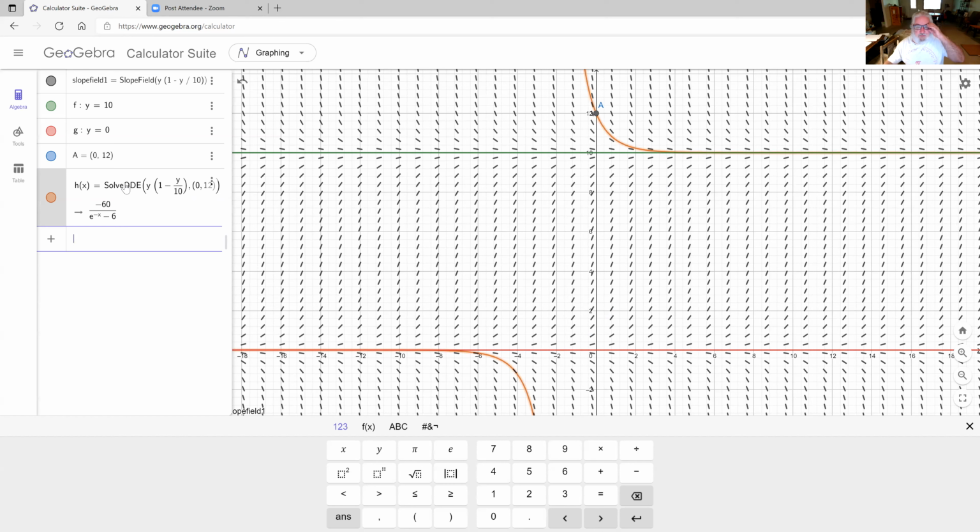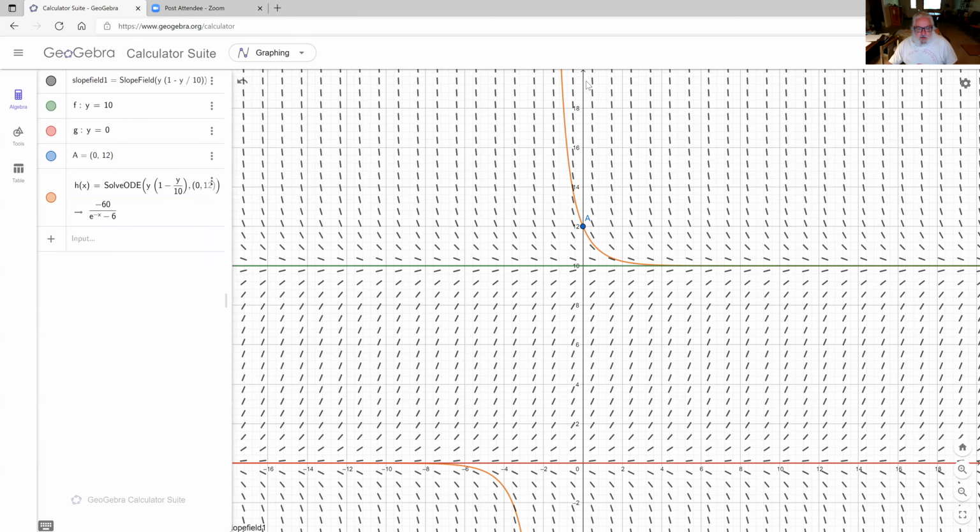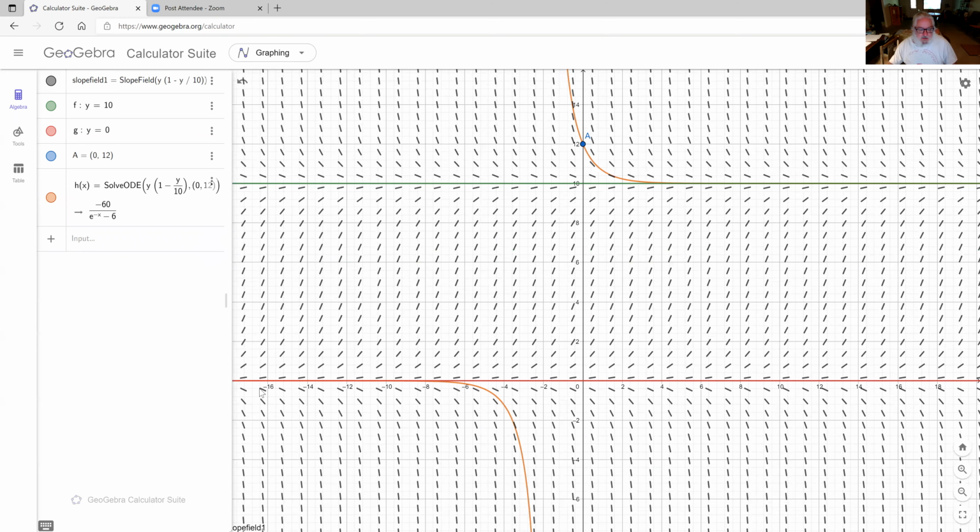And there's our solution. And it's kind of a weird solution. And I'm going to make it a different color. No, I think orange is okay. Because it gives us two branches, right? There's this part, which is the curve that goes through our initial condition, and there's actually this part.